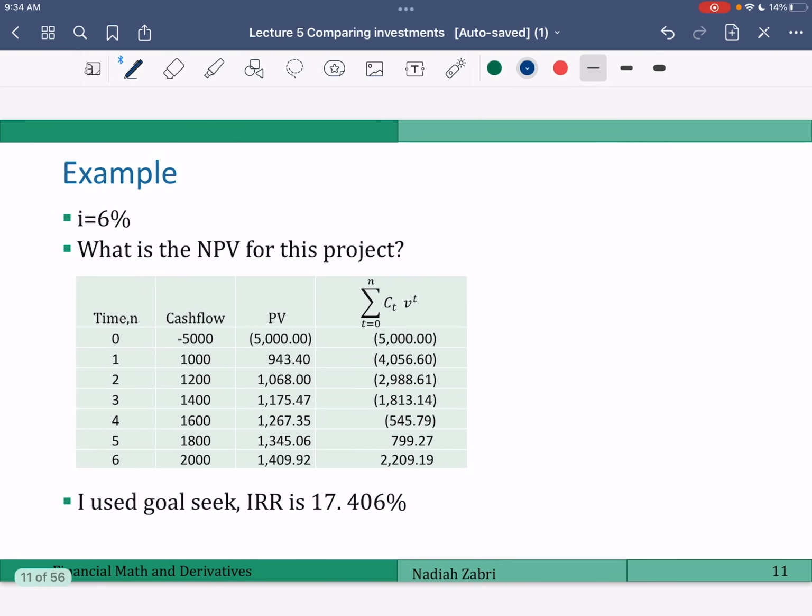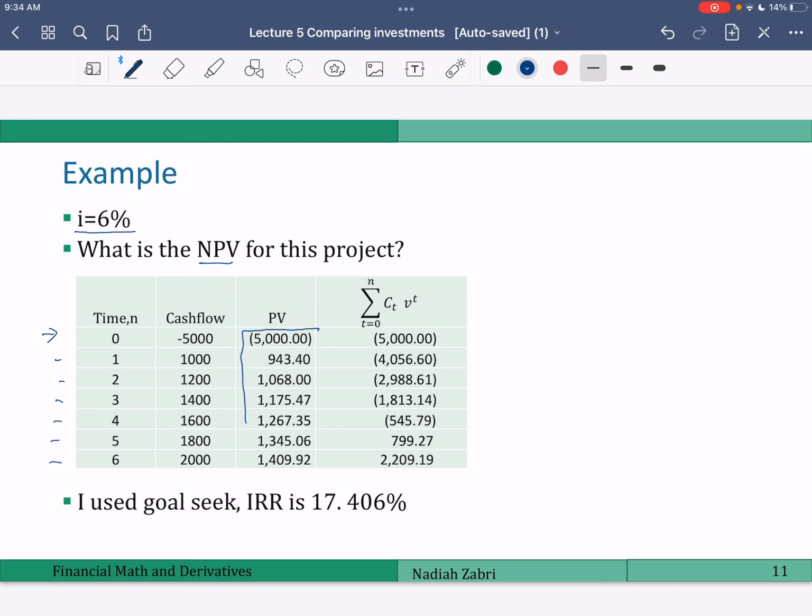Okay, so let's see an example of a project. This project has a cash outflow of 5,000 at time 0, and then it has a series of inflow for 6 years. So we are given the interest rate is 6%. So what is the NPV? Very straightforward. You just find the sum of all of the present value of the inflow and outflows, right?